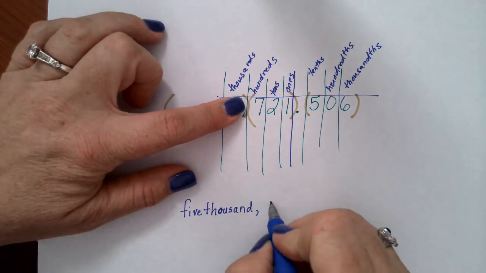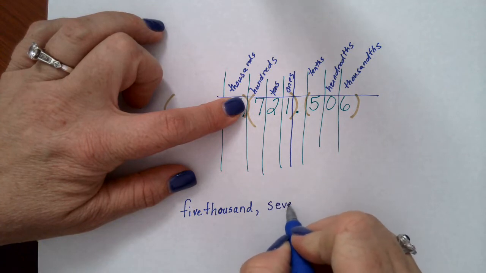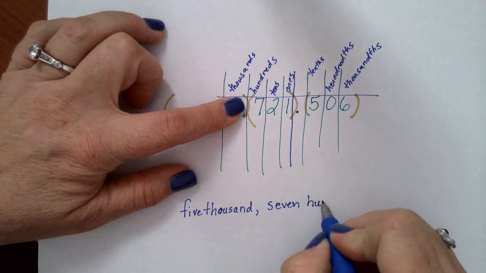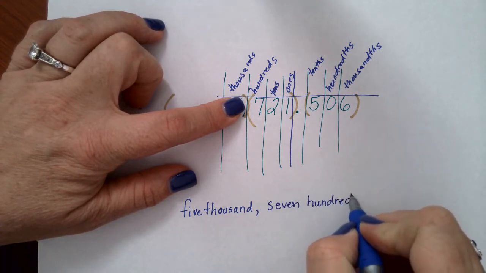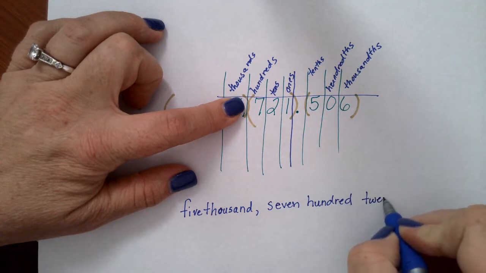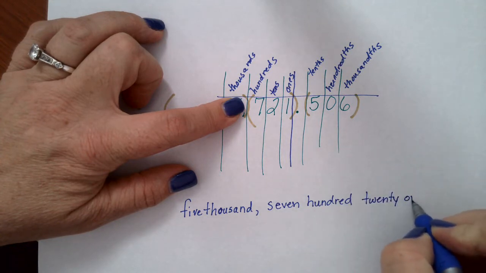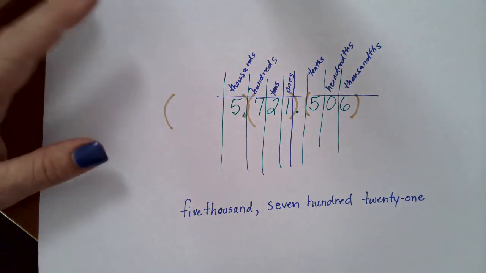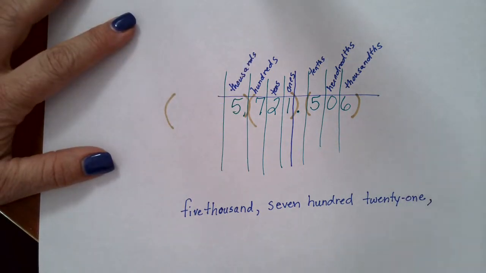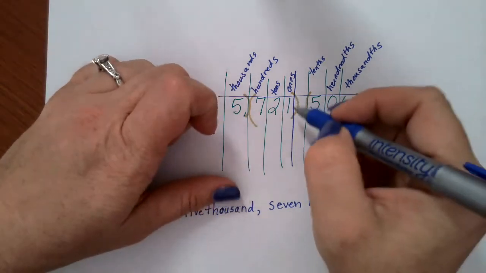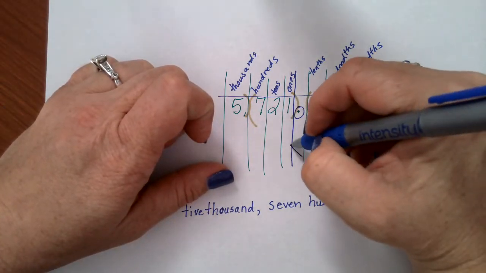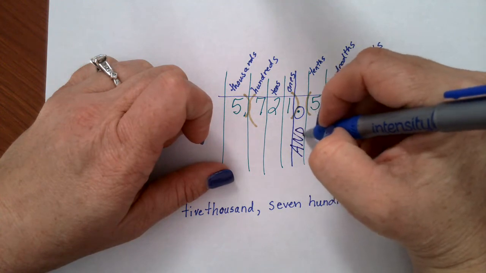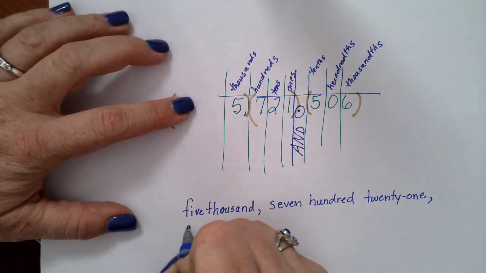We're going to write it just like we would say it. 721. 21 is going to have a dash between it. Okay, we're going to put a comma. That decimal means and. A-N-D, and. So I'm going to write and.